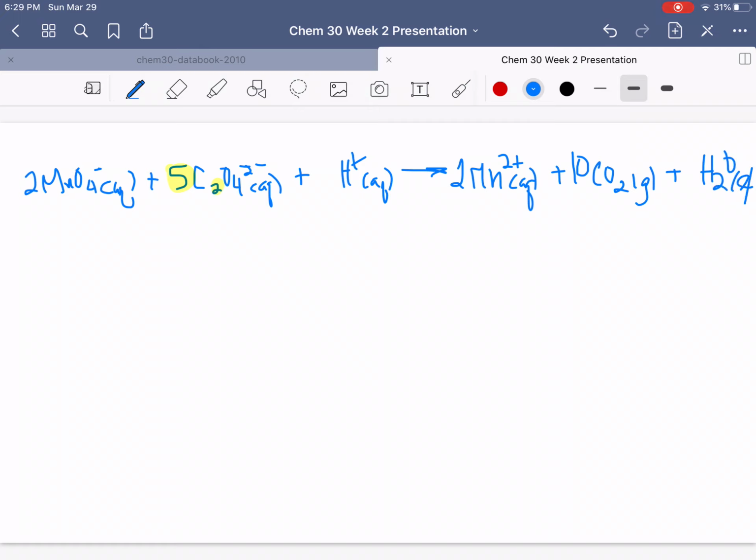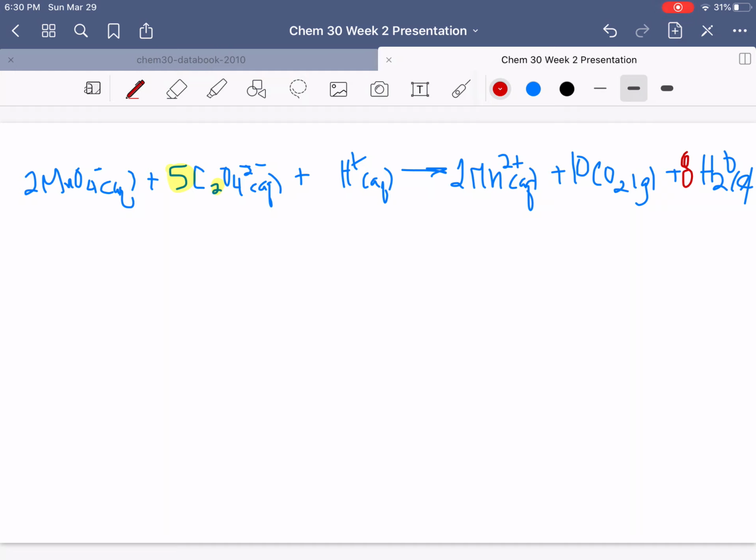Okay, go to oxygens at this point. My total number of oxygens on the left-hand side, I've got quite a few. We've got 5 times 4, which is 20 oxygens, plus 2 times 4, which is going to be another 8 oxygens. So we've got 28 total, okay? 28 reacting. Go over to the right-hand side. 10 times 2, there's 20 oxygens in the carbon dioxide, which means I'm going to need 8 more to make 28 totally being produced.